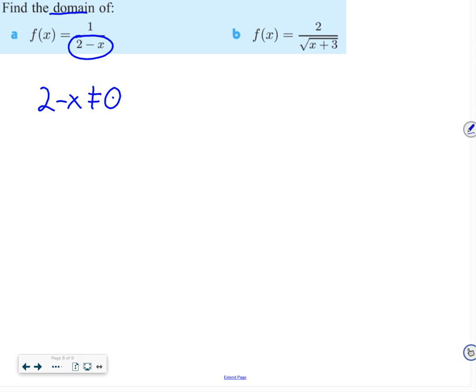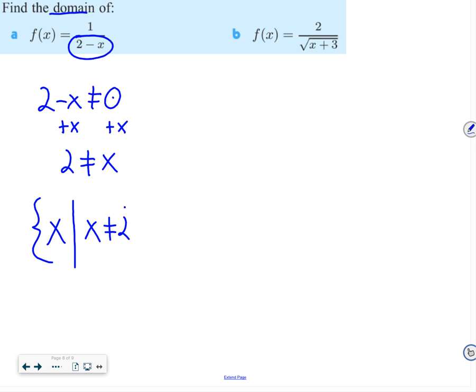I simplify this out. I want to deal with positive x's, so I add x to both sides. So I say 2 cannot be equal to x. As I write my domain out, I say the set of x's such that x cannot be equal to 2. And that's my domain.